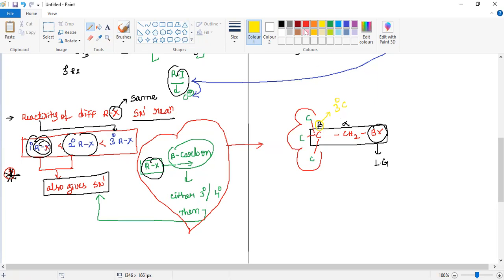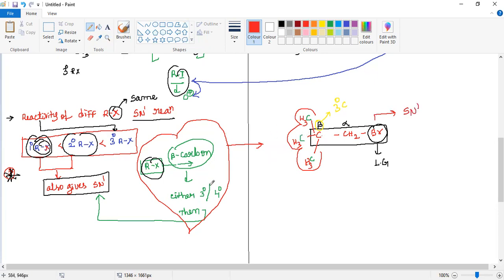To balance it, I am taking CH3, CH3, CH3. So this type of compound is also favored for the formation of SN1.